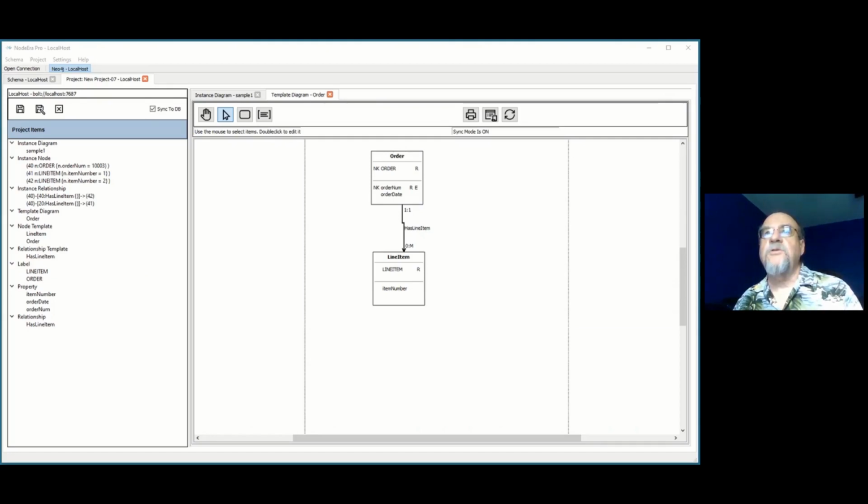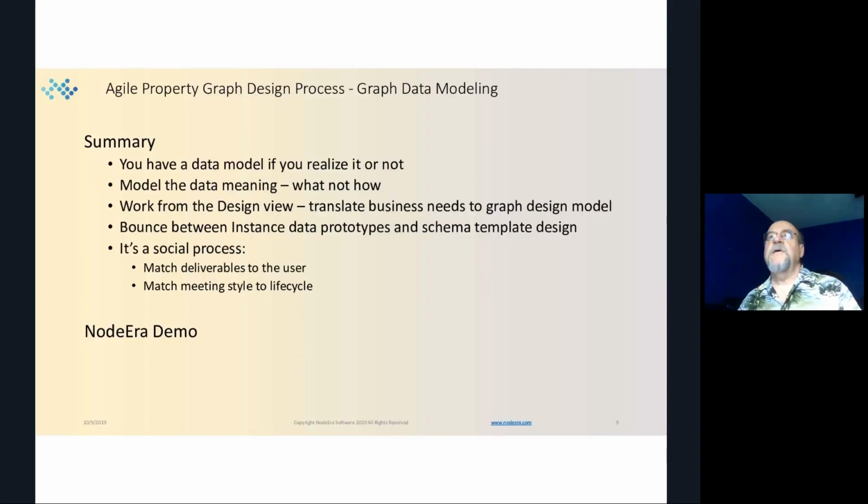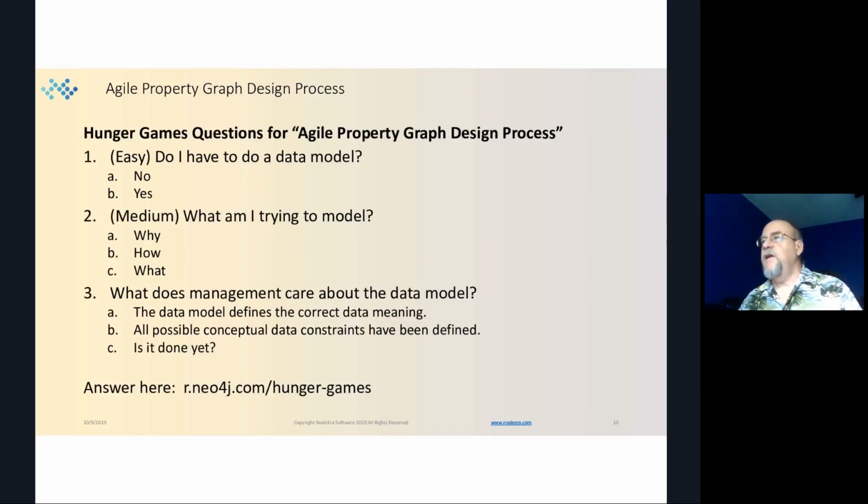I'm going to switch back to the slides. We've got the Hunger Games, and we've got your questions, if any. Okay, so here's your Hunger Game questions. Easy: do I have to do a data model? And here are your two choices.